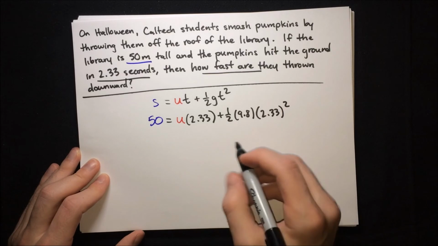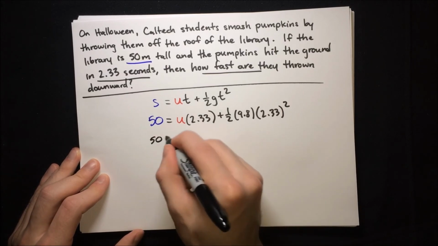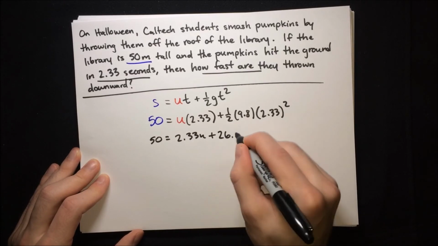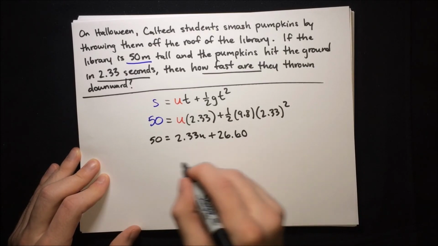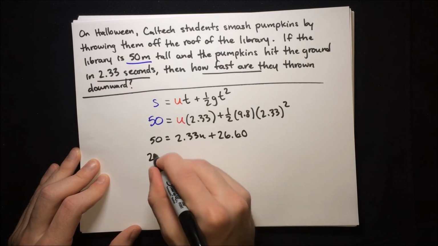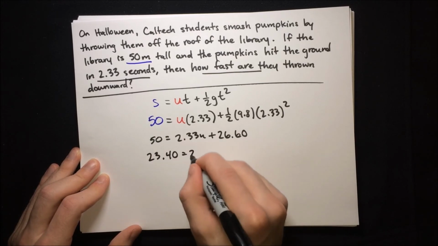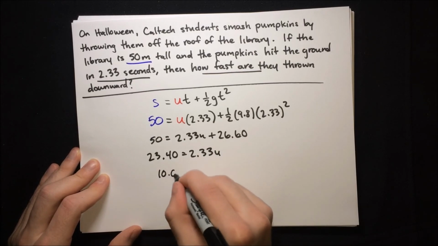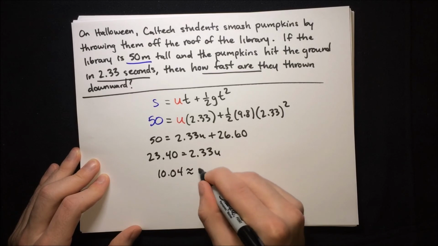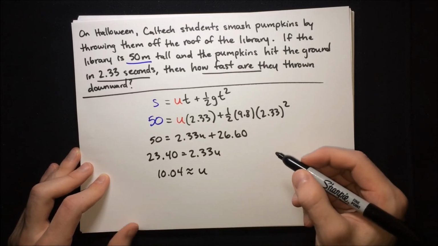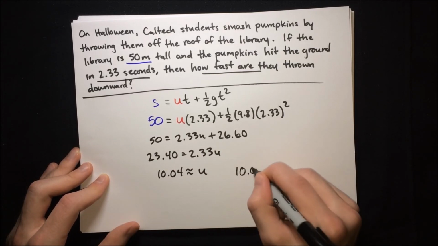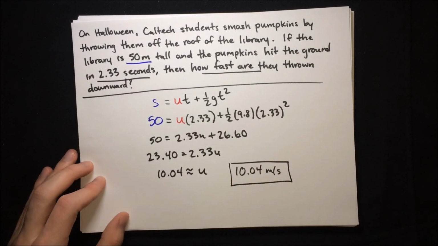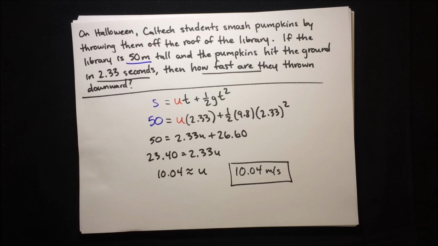Okay, so we do this computation, and then we get 50 equals 2.33 u plus 26.60. So then subtracting, we get 23.40 equals 2.33 u, and then 10.04, that's about equal to u if we divide by 2.33. So then 10.04 meters per second, that's our initial velocity. That's how fast they're being thrown down.